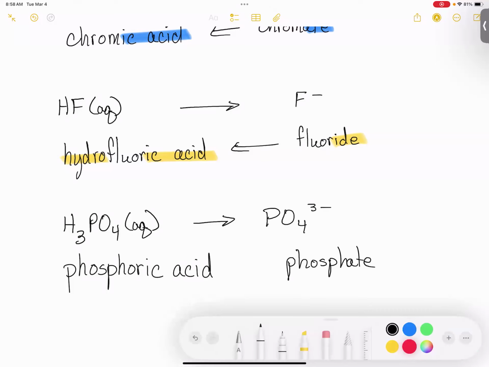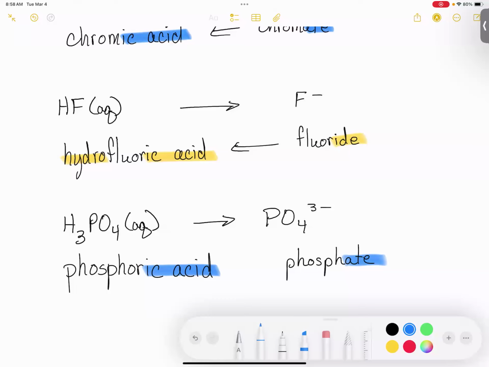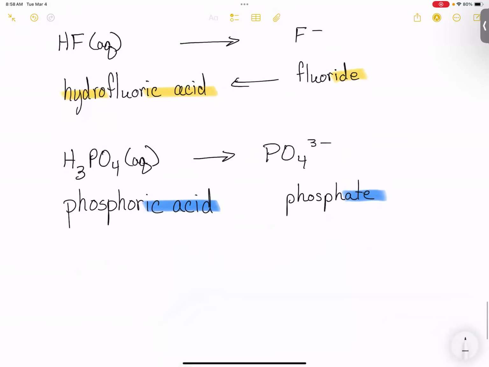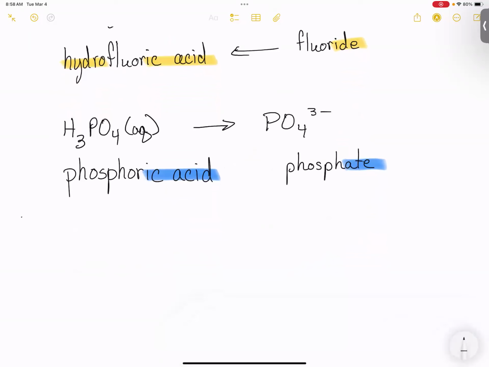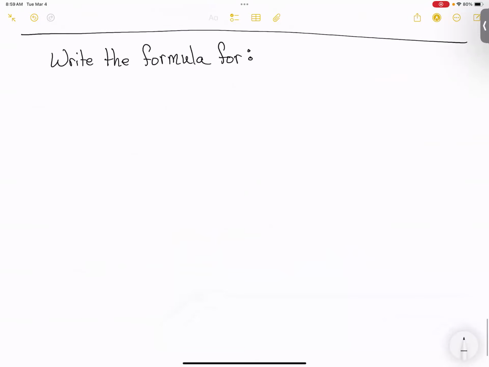The ending -ate tells us that it gets the -ic acid. Okay, let's look at writing the formula for.